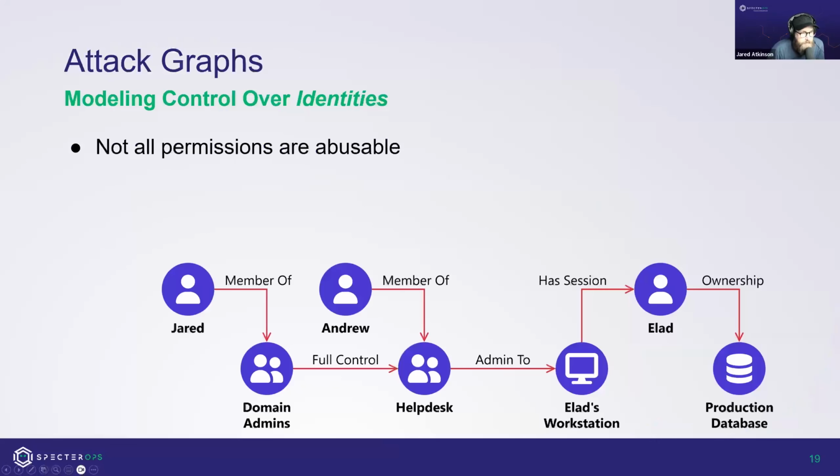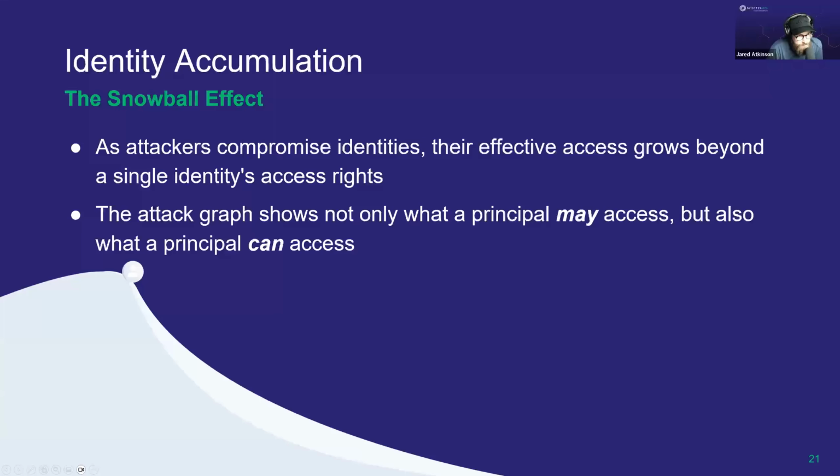And a lot of times we like to think of this idea, so Andrew to help desk, to Elad's workstation, to Elad, the Elad user, and then we have a production database. And we like to think that we're switching from a more privileged principal to a less privileged principal. Andrew's probably actually more privileged in the grand scheme of things than Elad is.